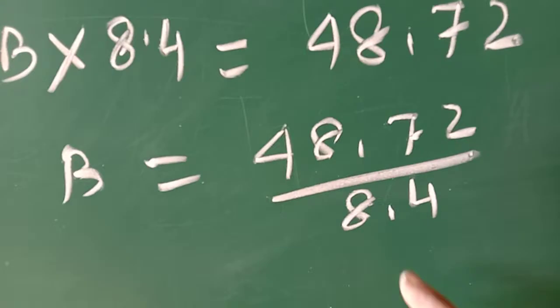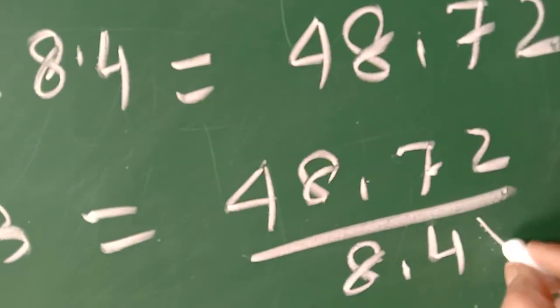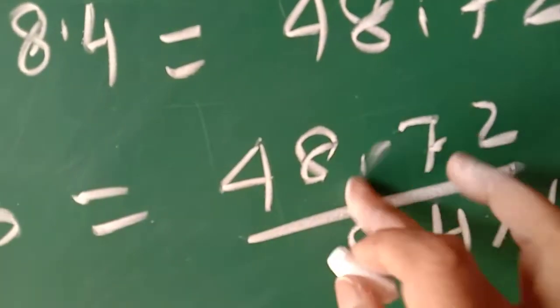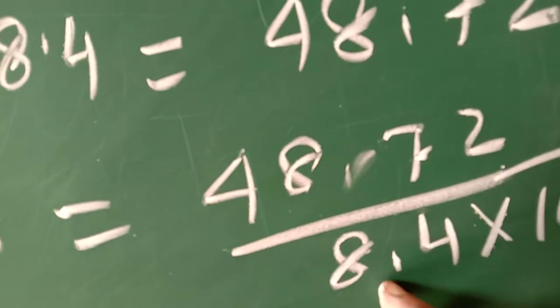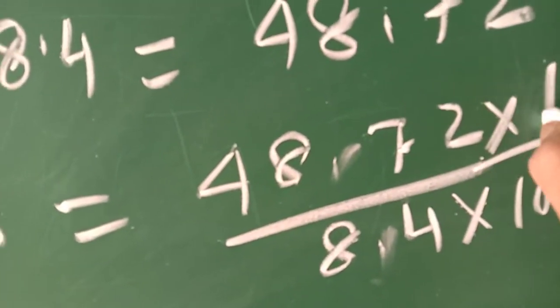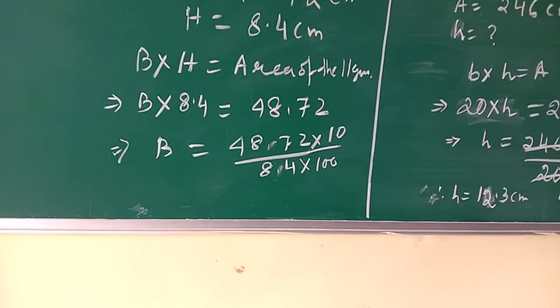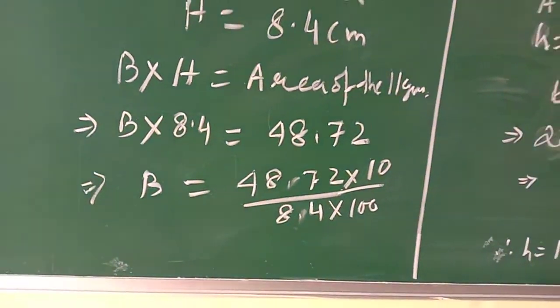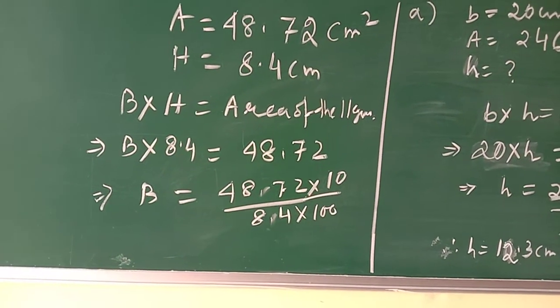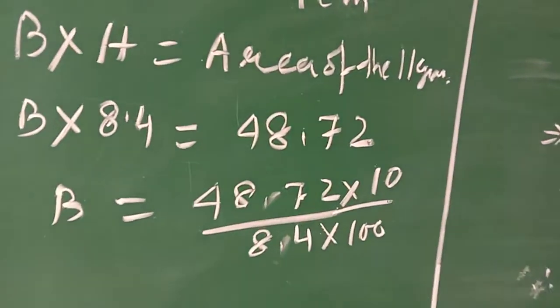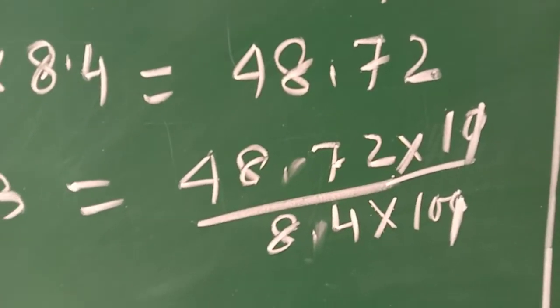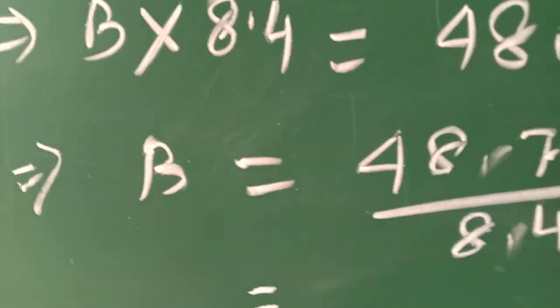As the decimal point is there, to remove this point you will multiply by 100 here, and to remove this point you take 10 here. So whenever you are doing this kind of cancellation, I will expect that the cancellation will be done by my students.